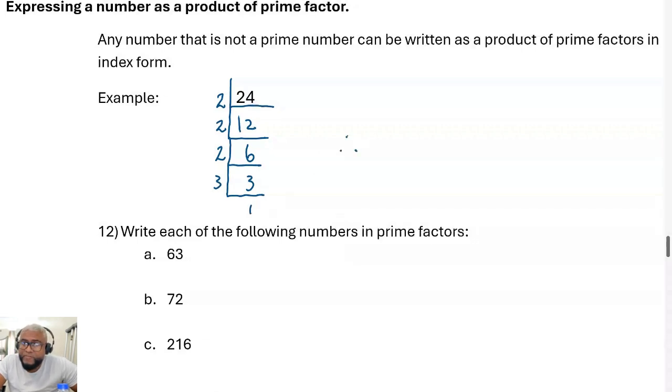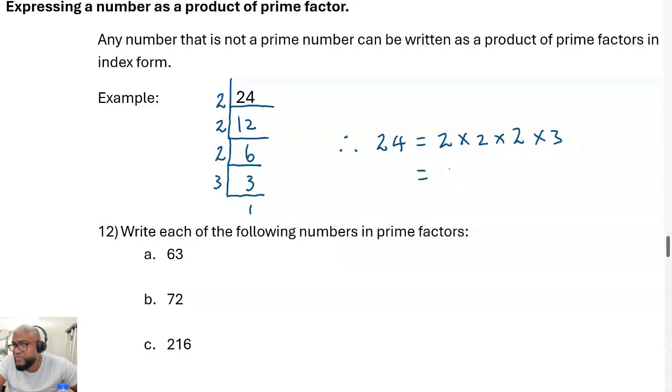So therefore, when I write 3 dots like this, it means therefore. So therefore, 24 can be written as 2 multiplied by 2 multiplied by 2 multiplied by 3. But we just learned index form.